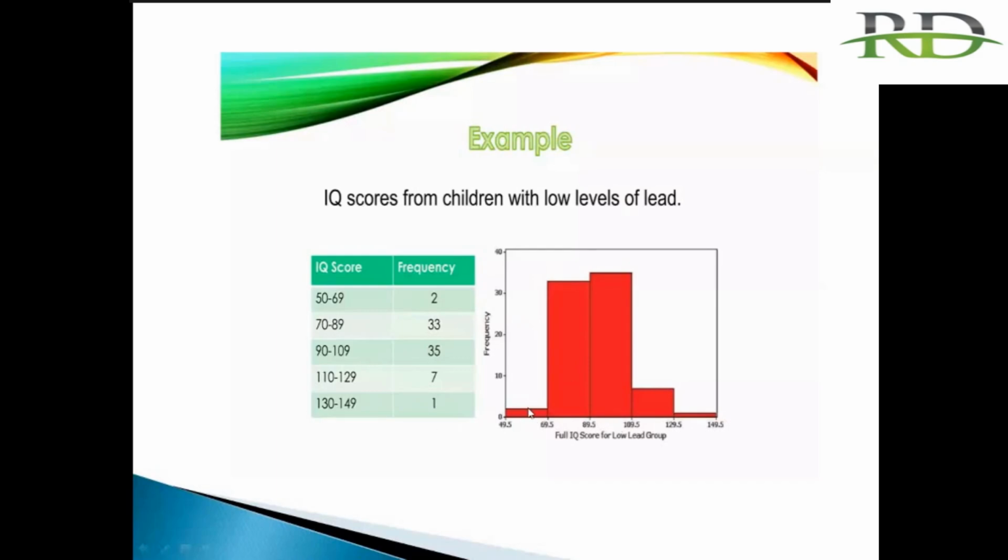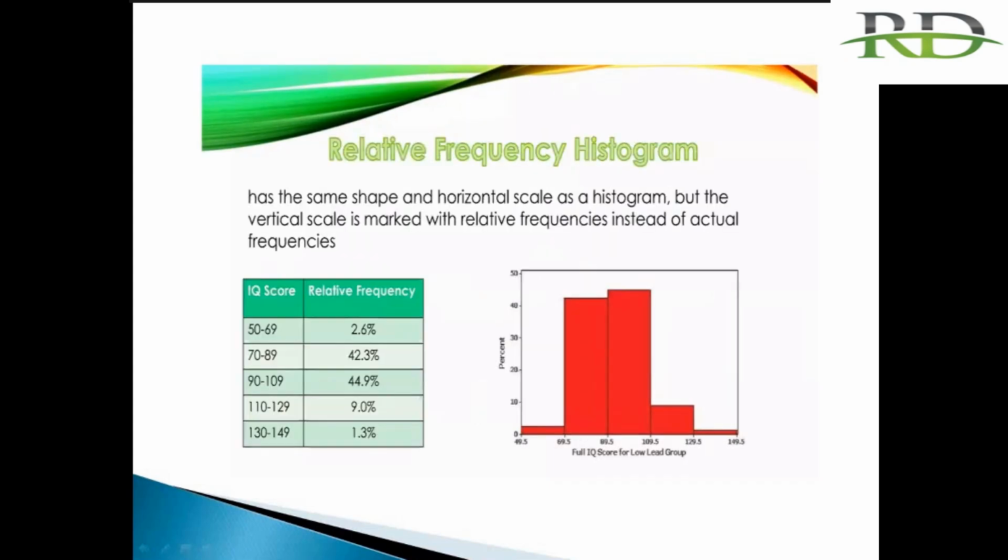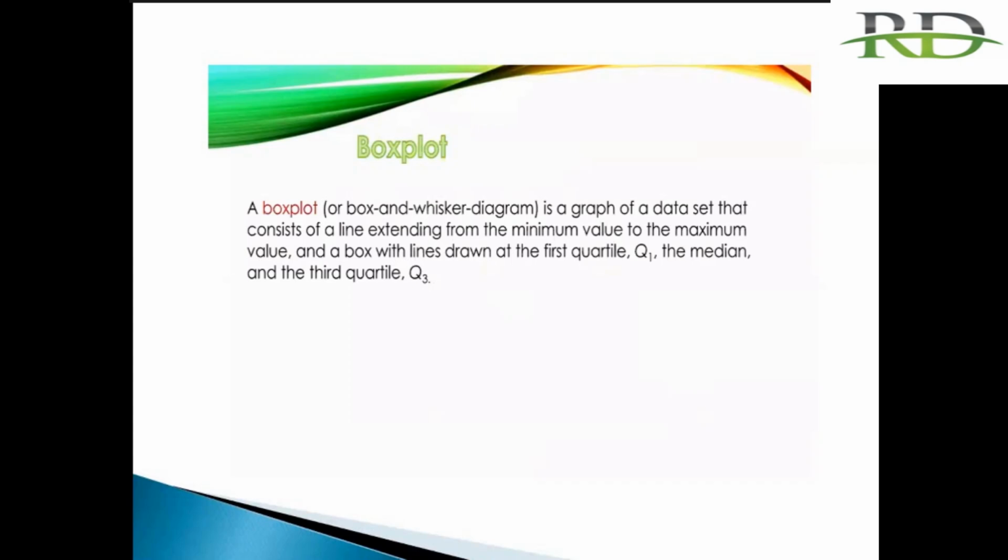Now, if we join the midpoints of the class intervals using a scale, this is known as a frequency polygon. And if you join these midpoints freehand, then this is known as a frequency curve. This is the percentage representation of the histogram.